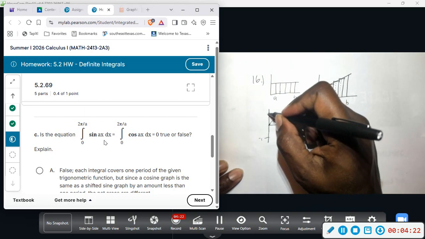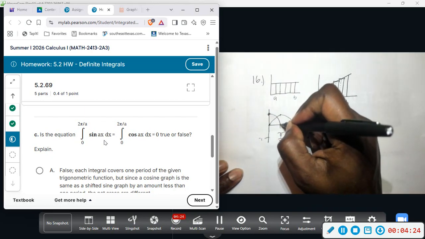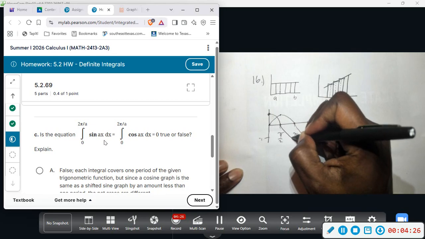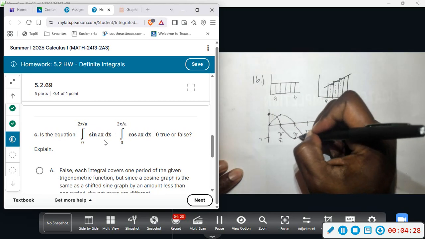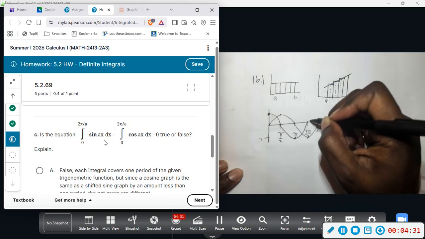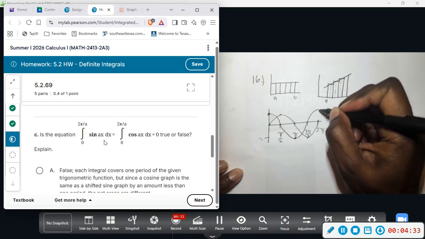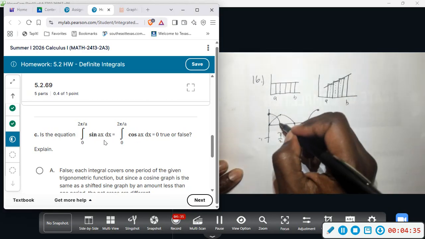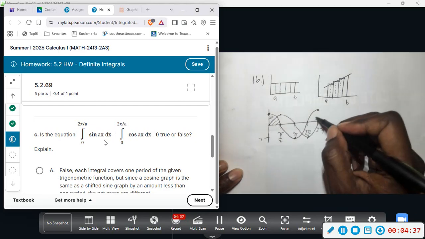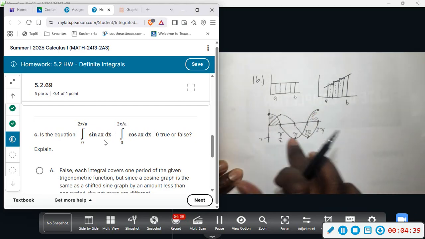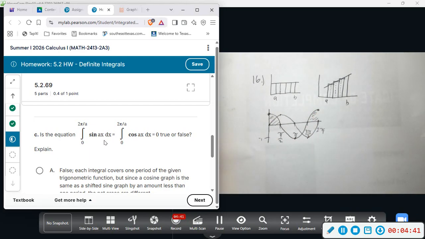It goes down here, and then it goes back up to this point. So this is half, this is half, and that gives you the whole shape. But they both end up having the same area.